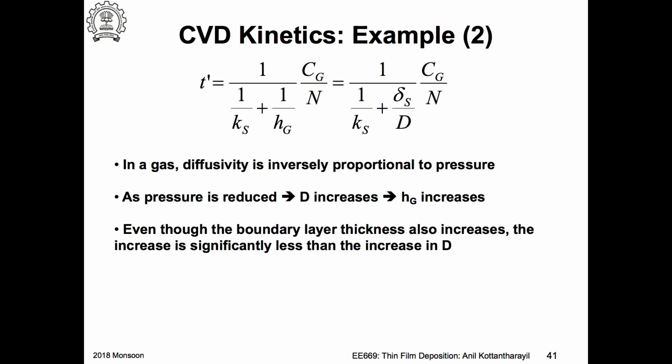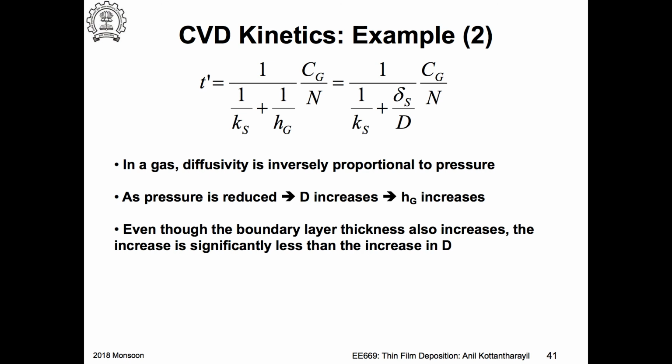So one thing is to write this equation in this form, so you can find 1 by Hg is equal to delta S by D, diffusivity and the boundary layer thickness. We would really like to see how these can be modified.